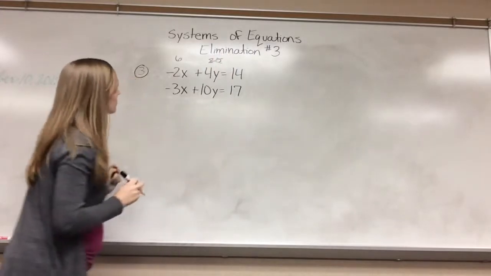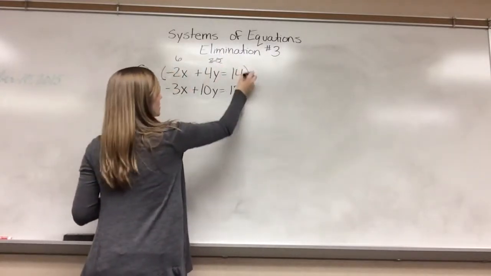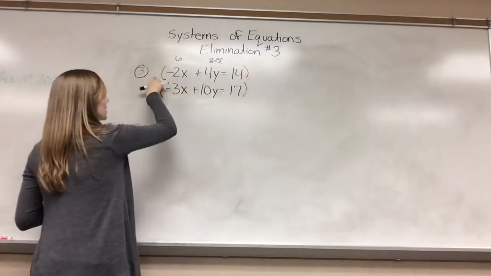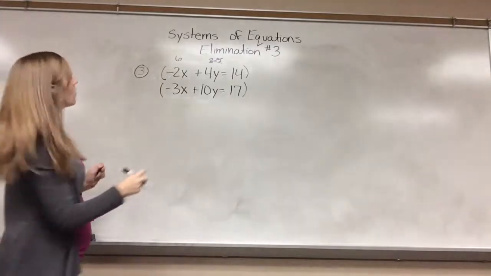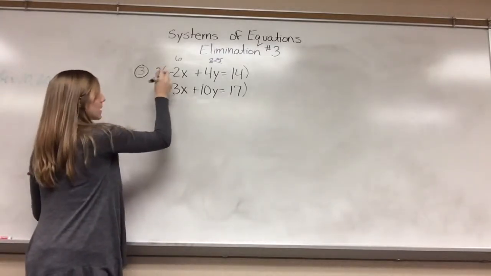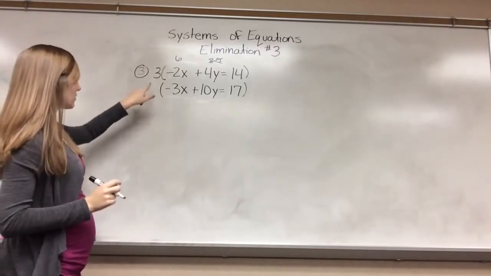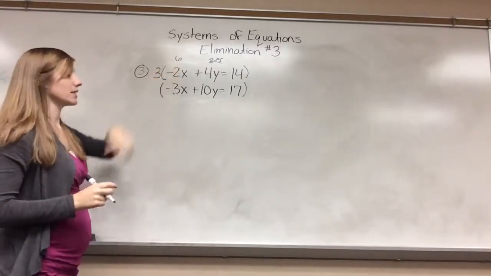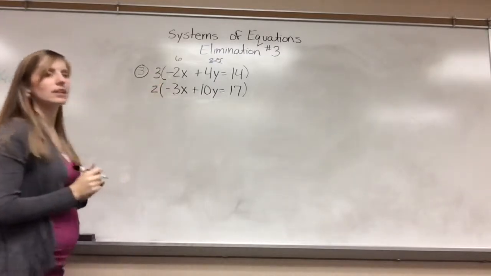Cancel out that 20. All right, so what I need to do now is look at my x terms and think, what do I multiply negative 2x by to make it 6? Well, I would have to multiply that by 3. 3 times 2 would give me 6. And then I have to think, okay, what times 3 would give me 6? The answer is 2. 2 times 3 is 6.